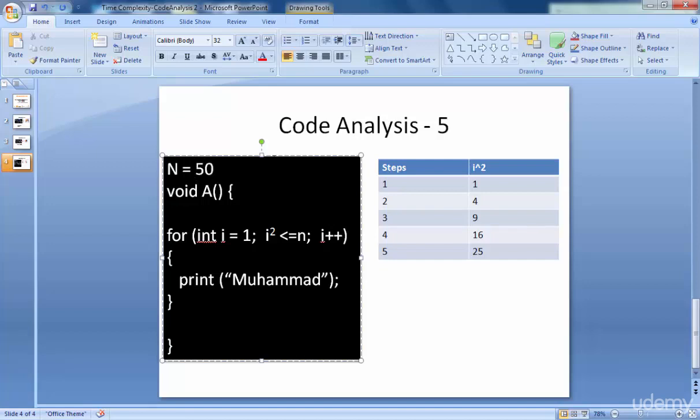Then how many times will this value be printed? Now 6 sixes are 36, and then 7 sevens are 49, right? In case of when the value of n is 50, the total number of times this value will be printed is 7, and if you take out the square root of 50, you will get 7.